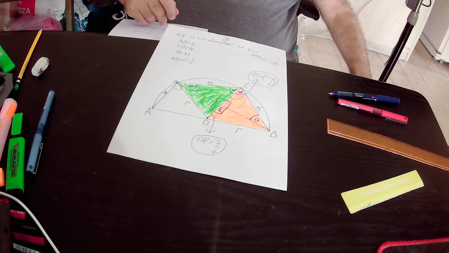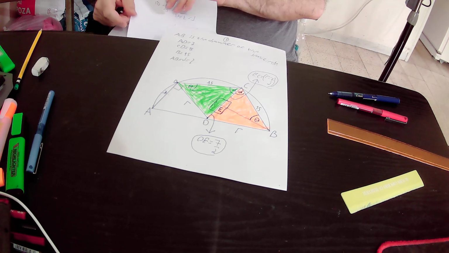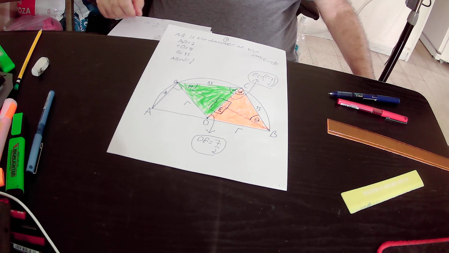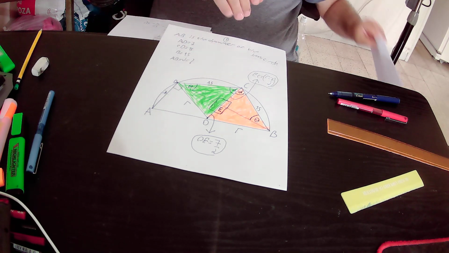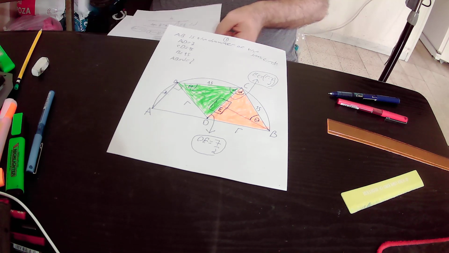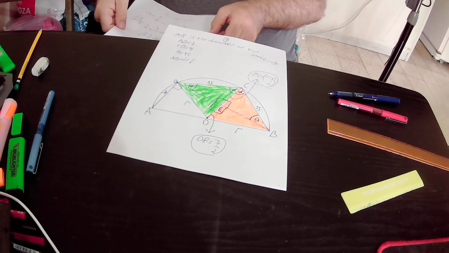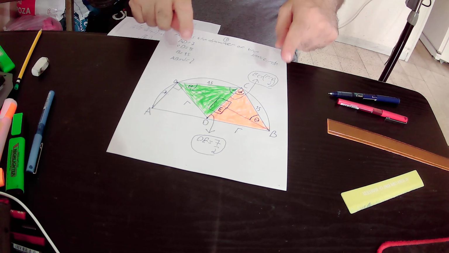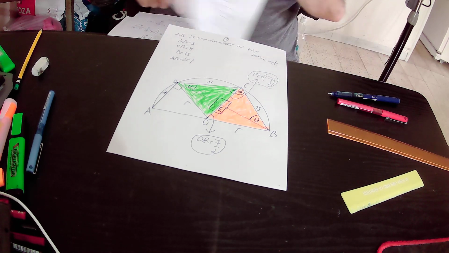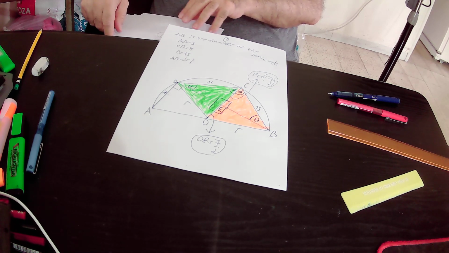Now I'll summarize the lecture. So actually we wanted to find out the diameter of this semicircle, and we know that AB is the diameter of this semicircle, but we want to find out the size of AB, the value of AB.